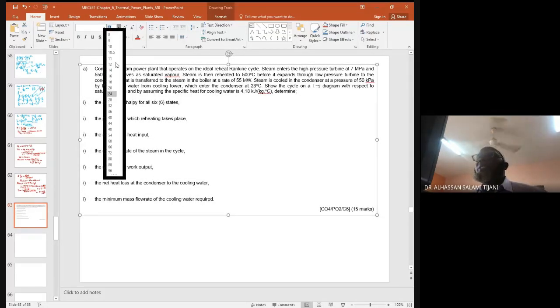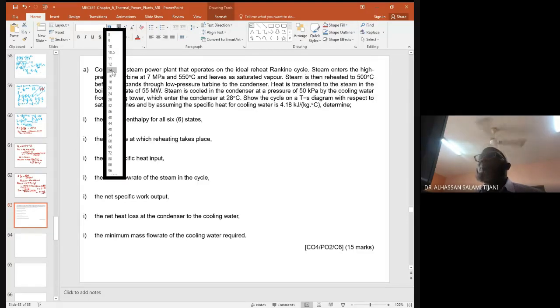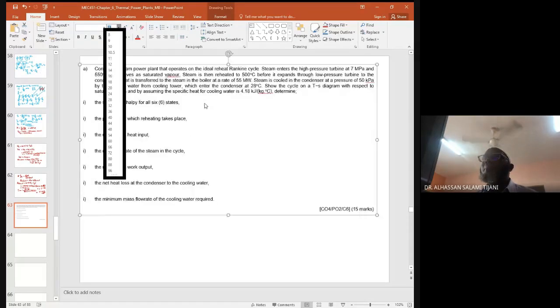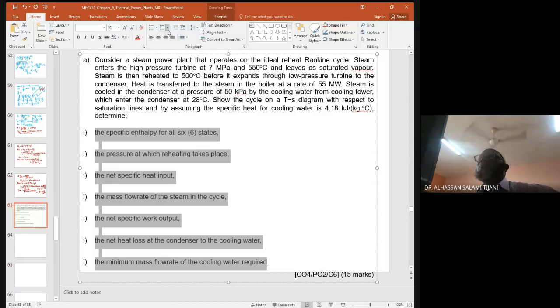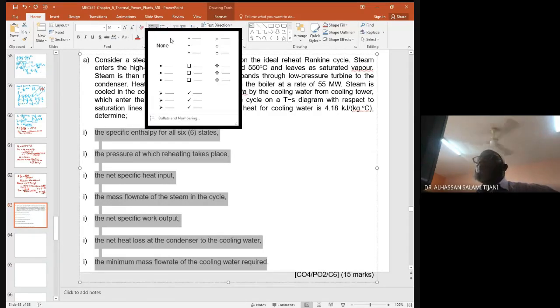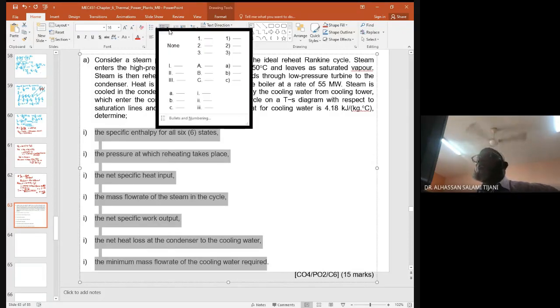Okay, so we have another question here. Yes, so this is a steam power cycle question, and we will try to look at it and see how best we can solve it.